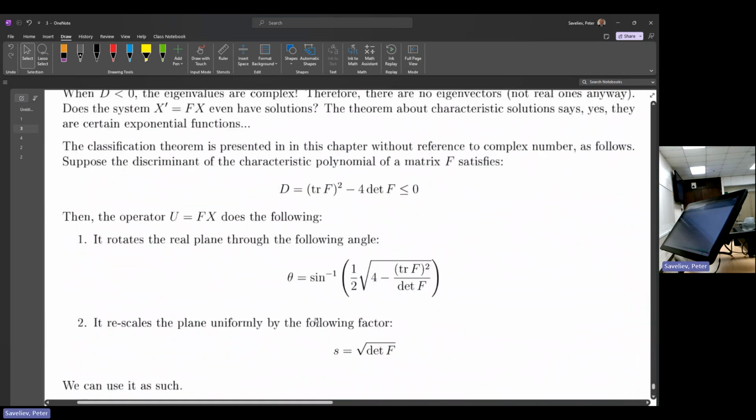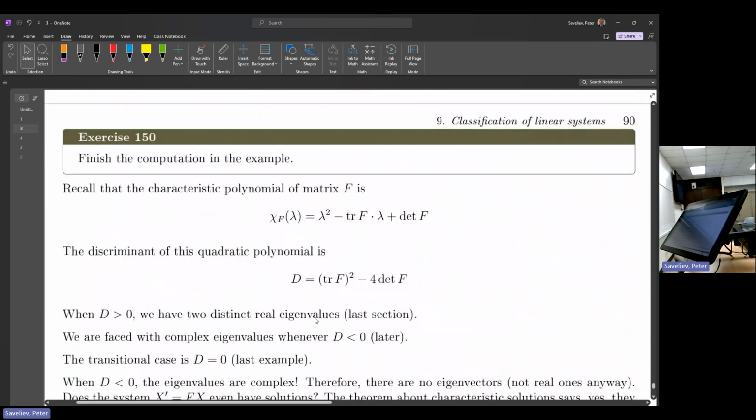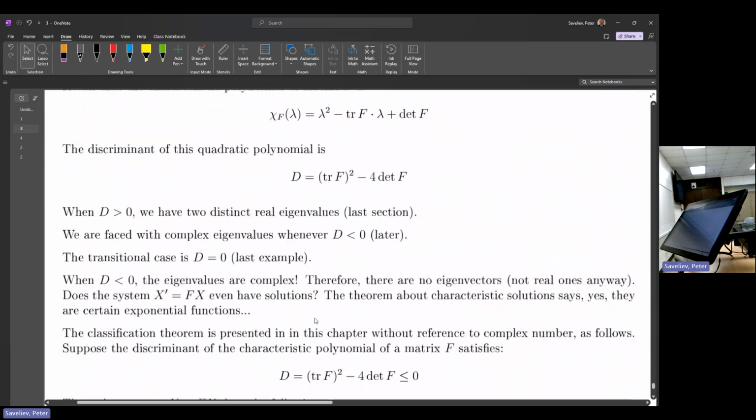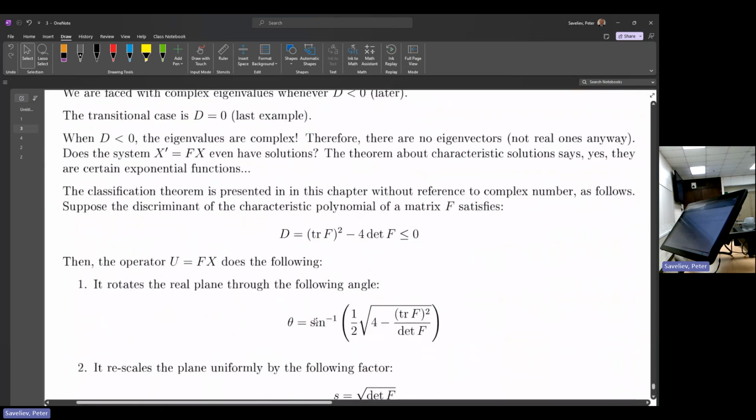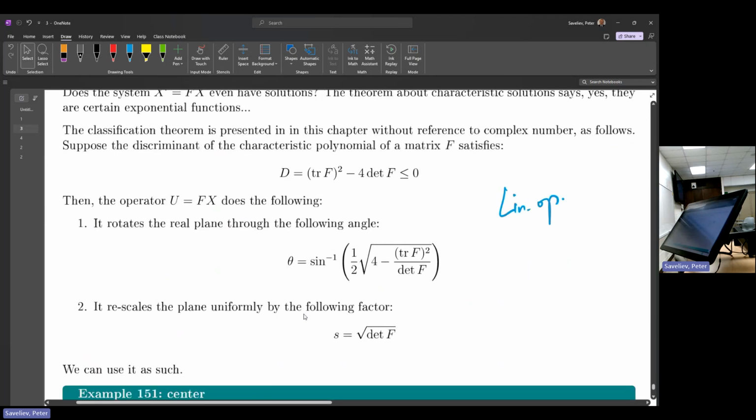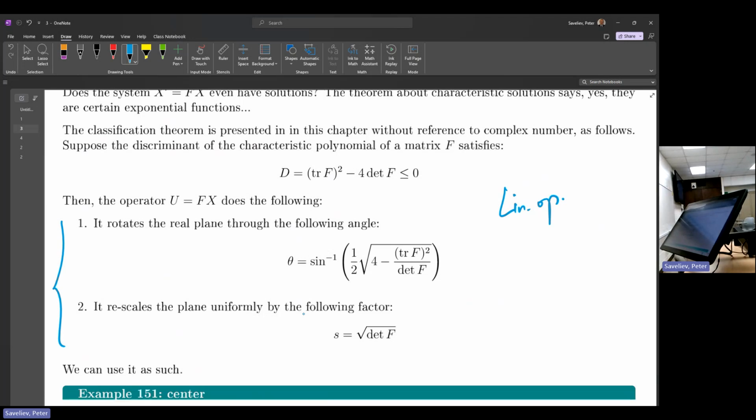All right, so if we take the theorem from last time about linear operators, and then rotation, as you can see, I'm just repeating the theorem from last time: the linear operator does the rotation through an angle theta combined with a uniform rescaling factor.